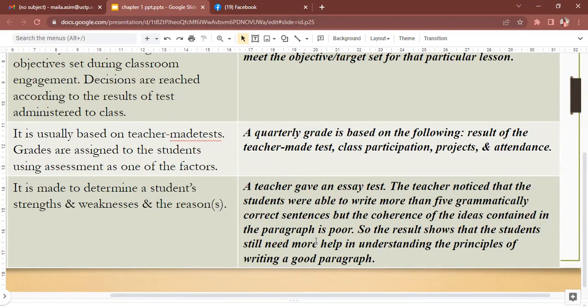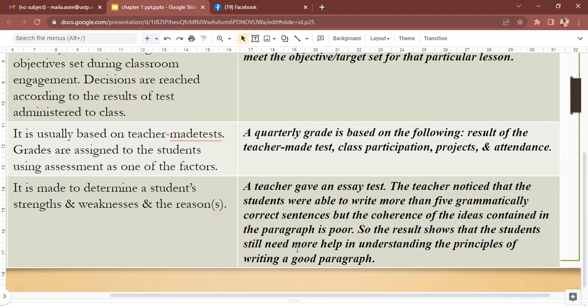The students made perfect sentences, 5 sentences with correct grammar, but the words are just scattered. So the result shows that the students still need more help in understanding the principles of writing a good paragraph.